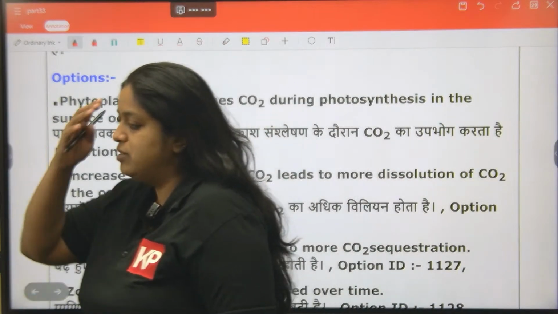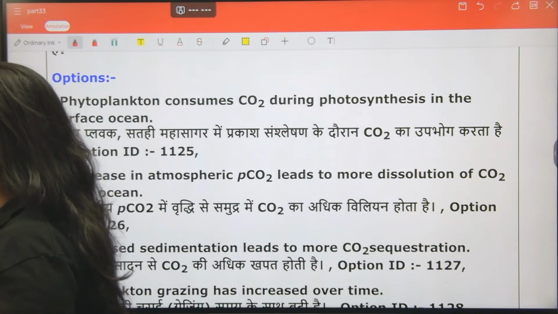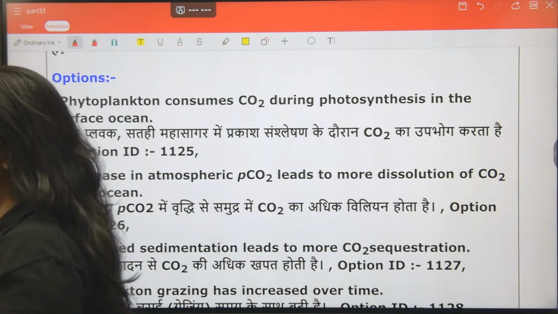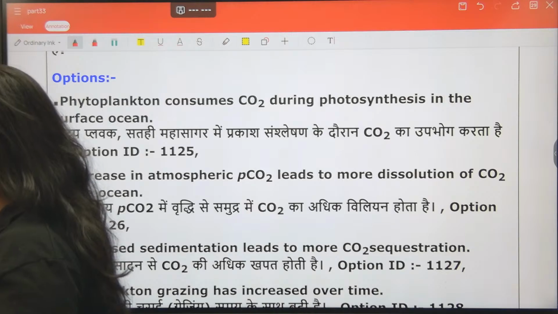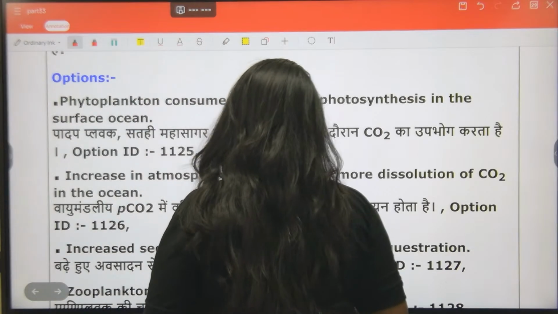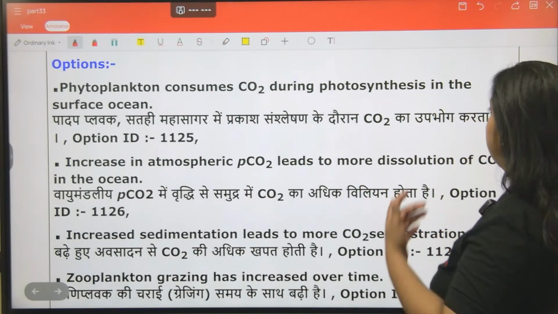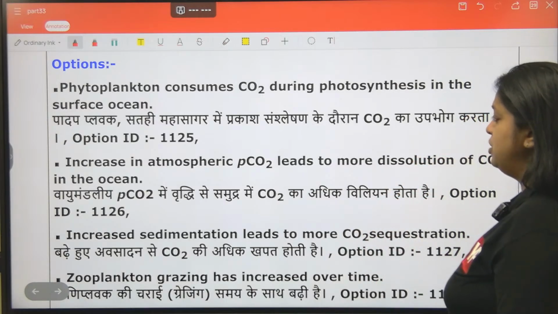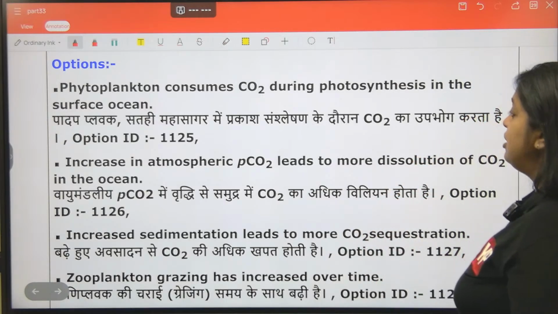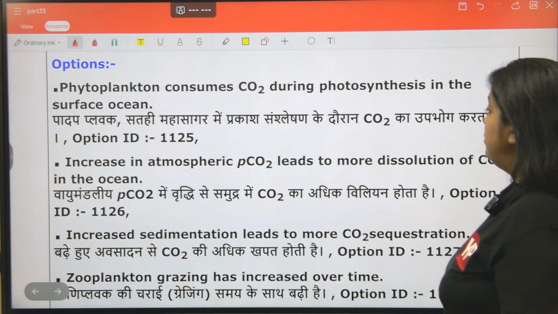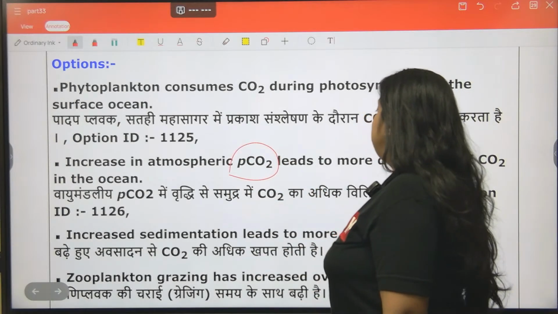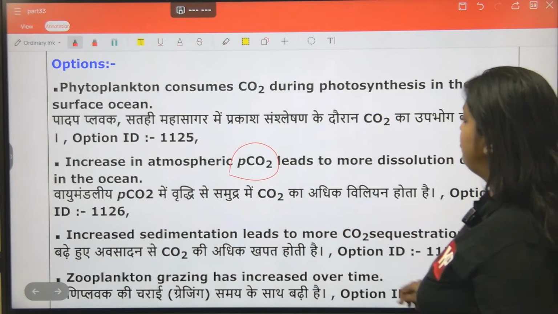Please go through the options. Phytoplankton consumes carbon dioxide during photosynthesis in the surface ocean. Increase in atmospheric carbon dioxide, partial pressure of CO2, leads to more dissolution of carbon dioxide.